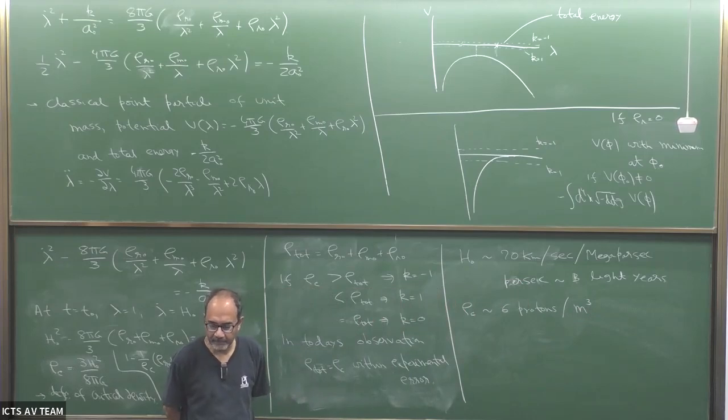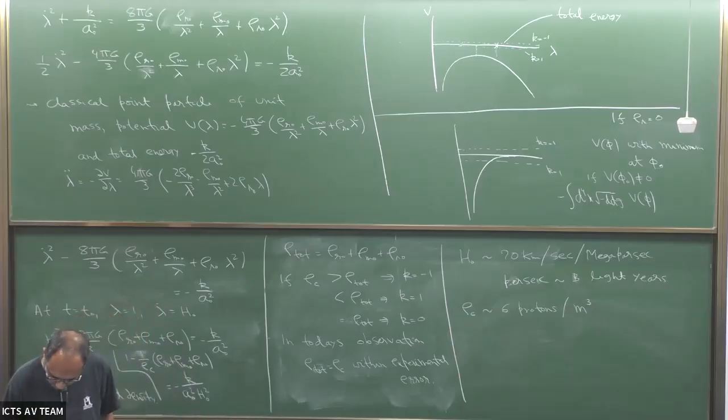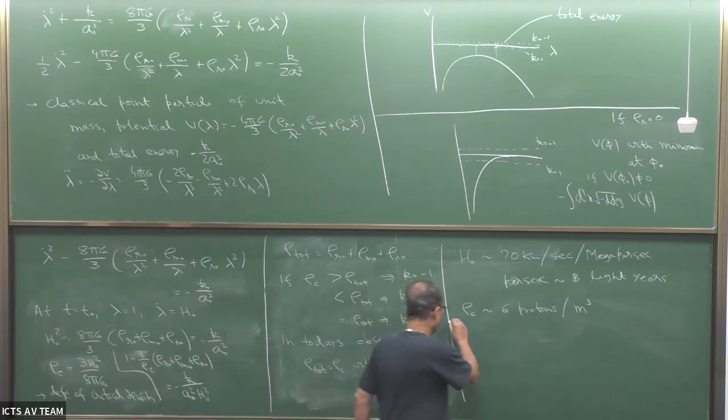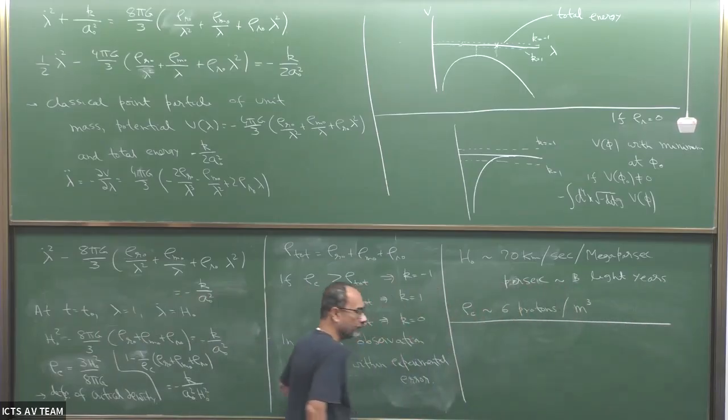You can write it in terms of grams per meter cube, but this makes it clear how small it is. 6 proton masses per meter cube on the average is the critical density. Now let's see how to calculate, how we determine these individually, rho r0, rho m0, and rho lambda 0.